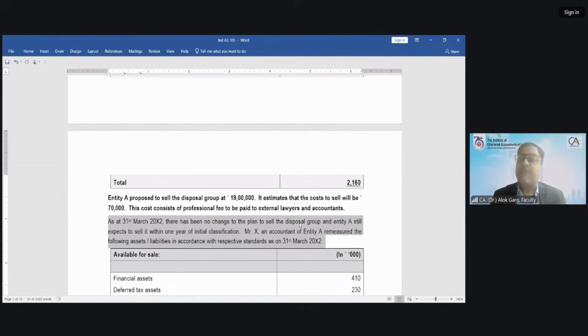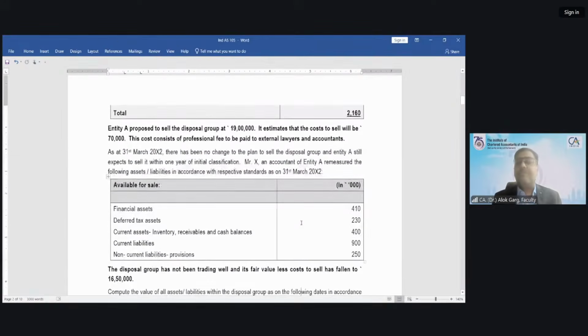If your fair value less cost to sell declines, you are required to recognize impairment loss again. If it increases, then you are required to recognize the increase only to the extent of cumulative impairment losses recognized in the past. Do you remember that? Yes, sir.